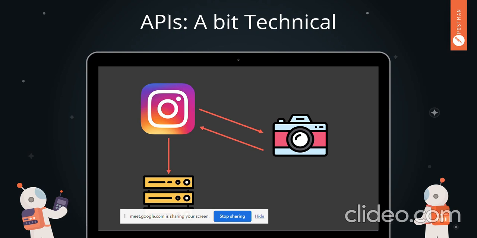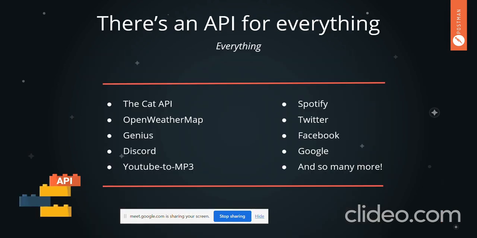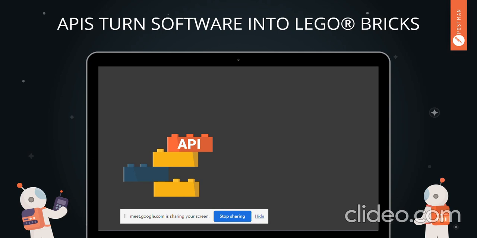Instagram uses the Giphy API for those GIFs. There is an API for everything. There are several APIs: the Cat API, the Open Weather API, YouTube to MP3, Spotify, Google. There is also the GitHub API, which we'll be using later in the presentation to make a web app out of it. So APIs turn software into Lego bricks.